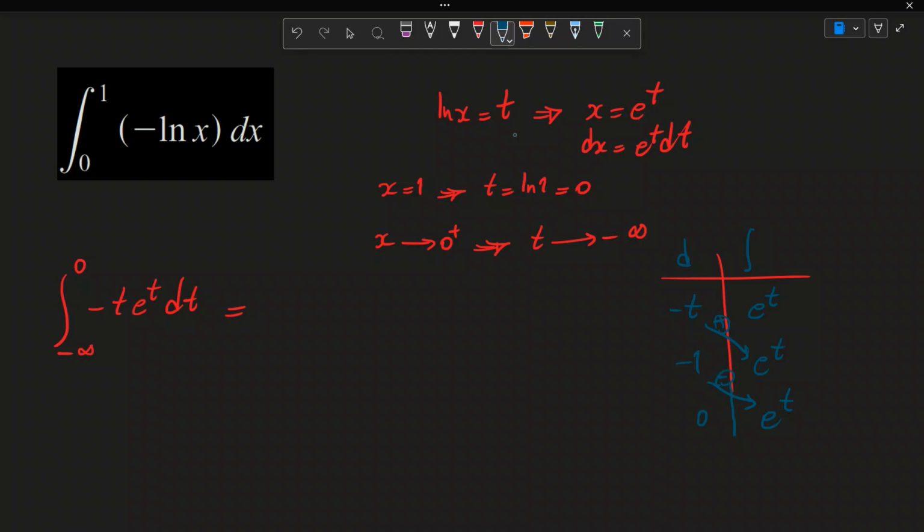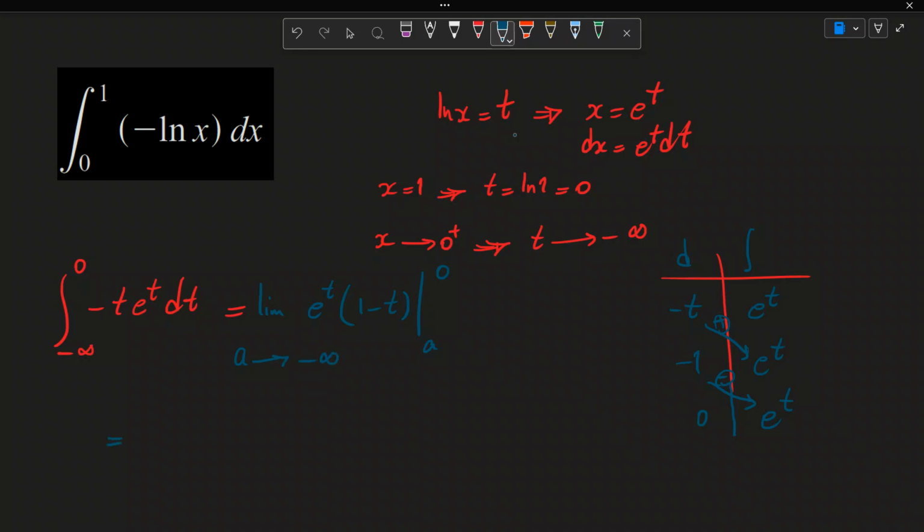And if I factor out e to the t, this is going to be the limit of e to the t multiplied by 1 minus t, from a to 0 when a approaches minus infinity.